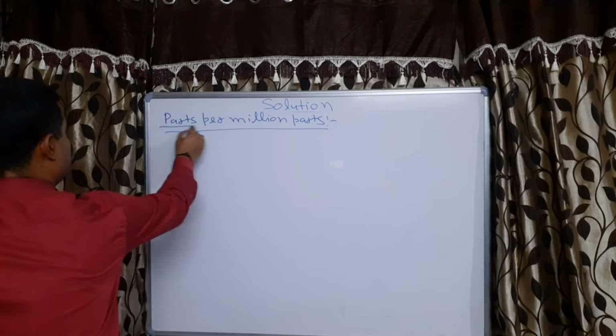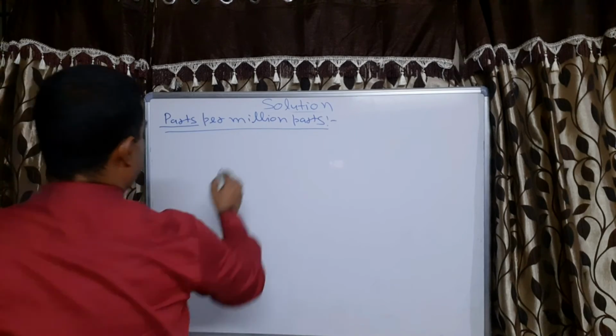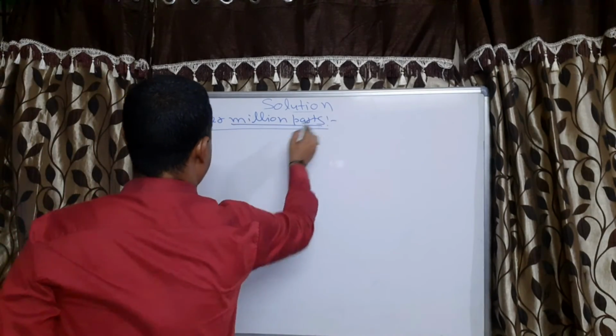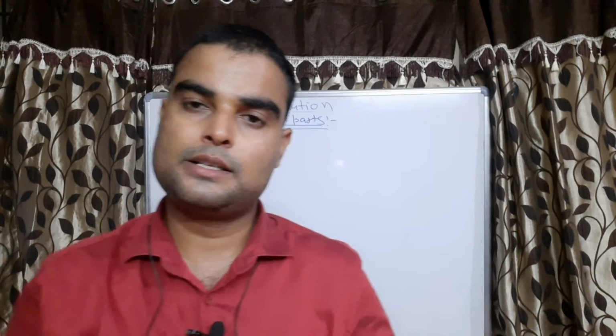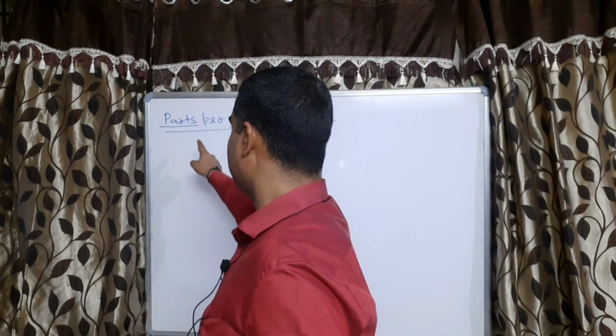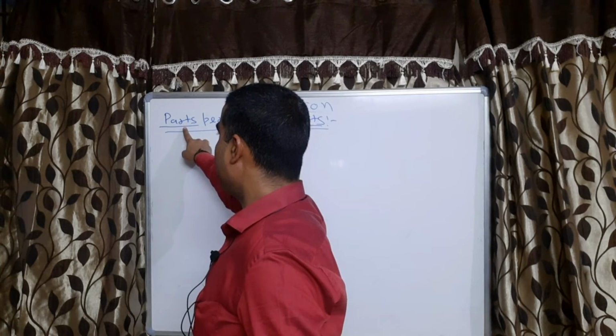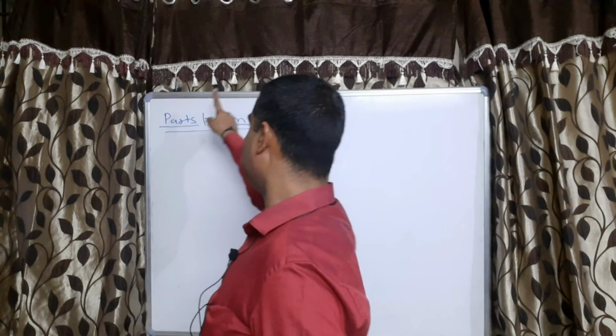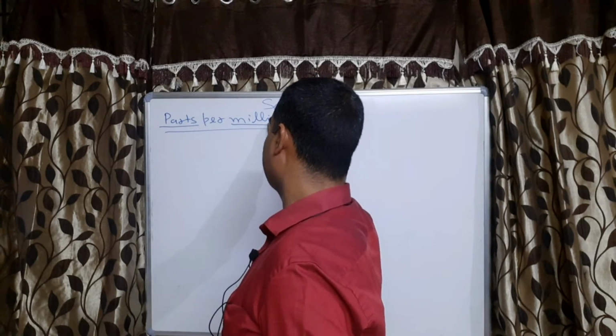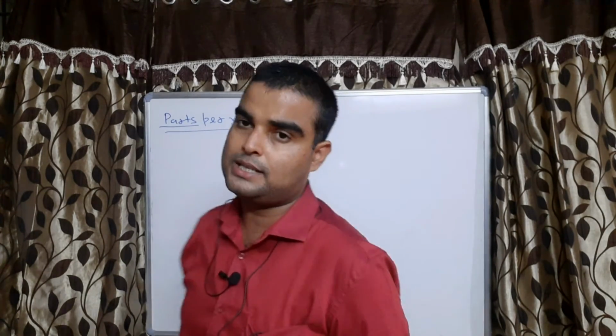This parts belongs to the solute and this million parts belongs to the solution. So the amount of the solute in gram present in million parts by mass of the solution is called parts per million parts of the solute dissolved in the solution.